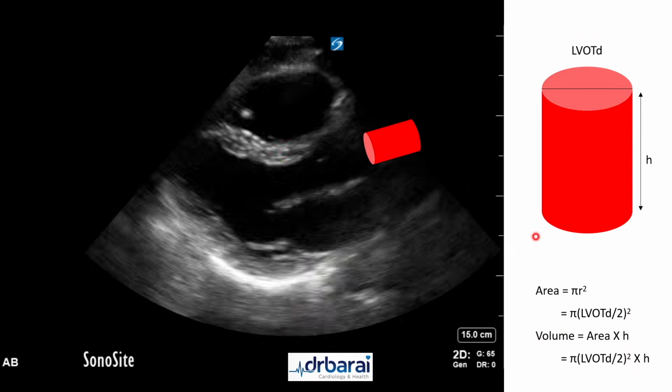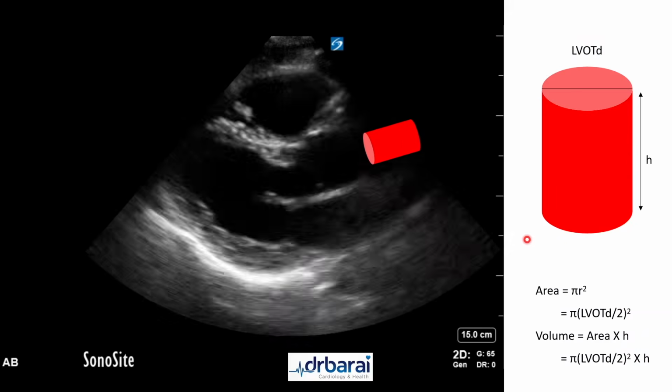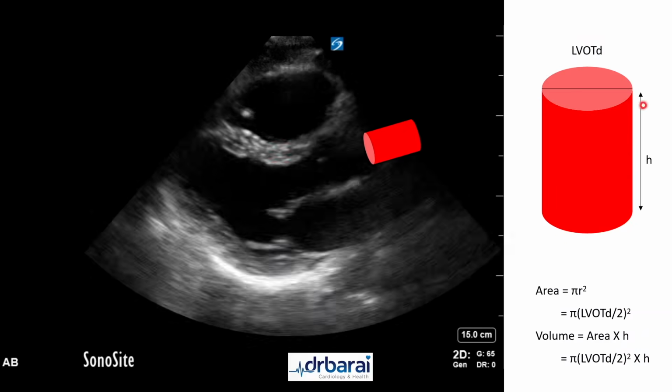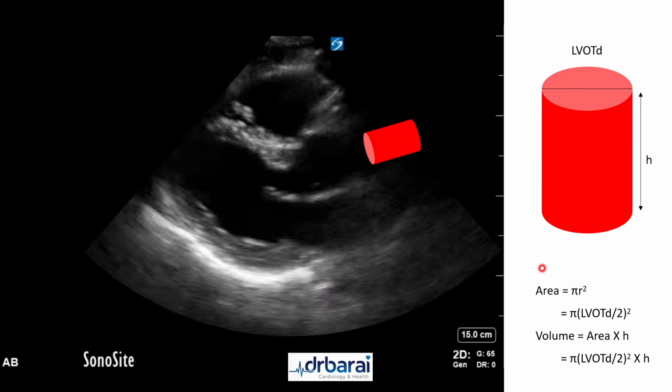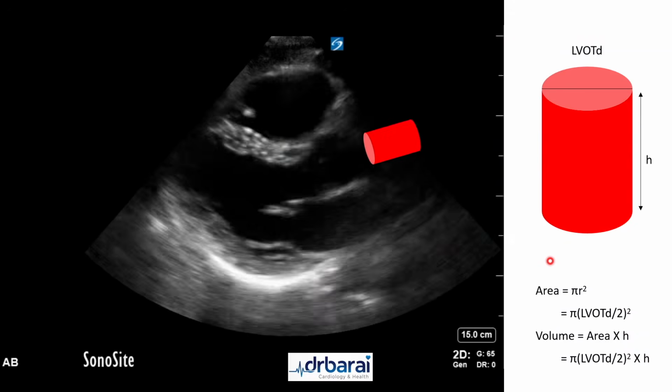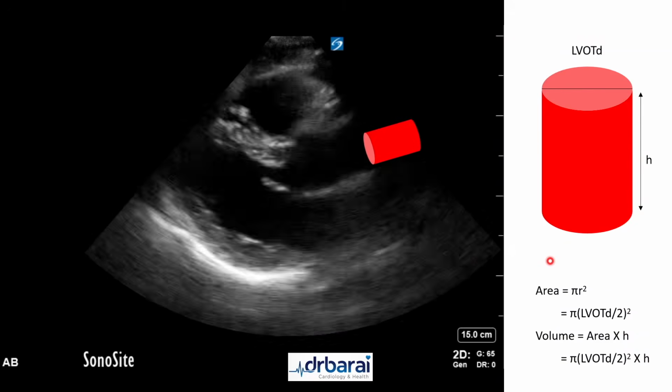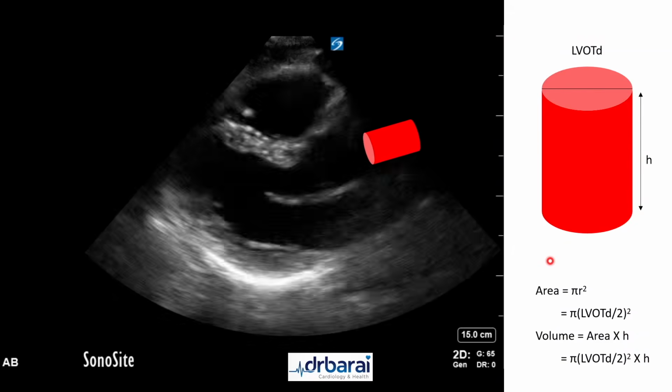In my day-to-day practice, I find that if I get the LVOT VTI, I use it as a serial measurement.